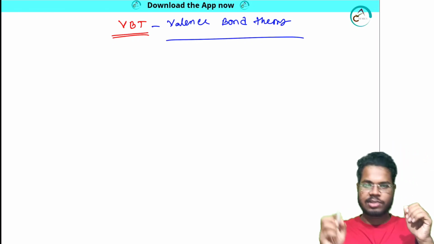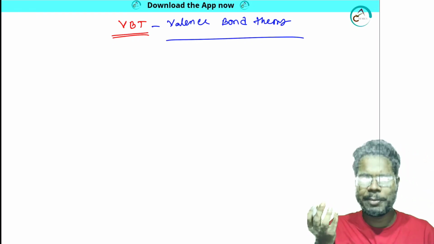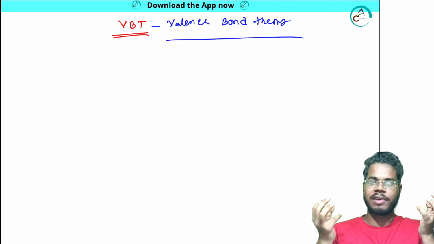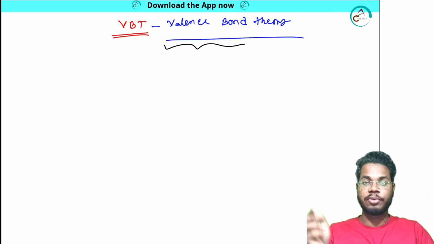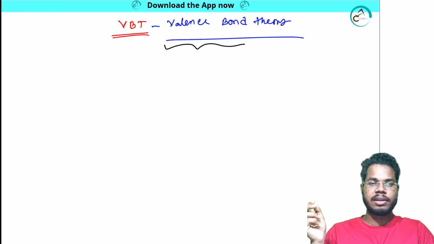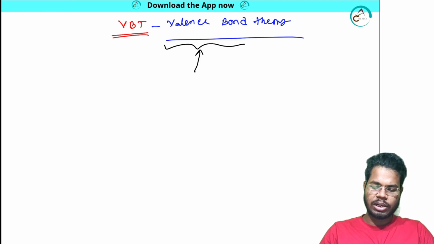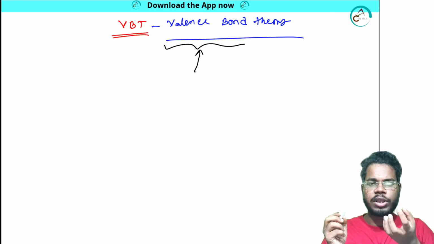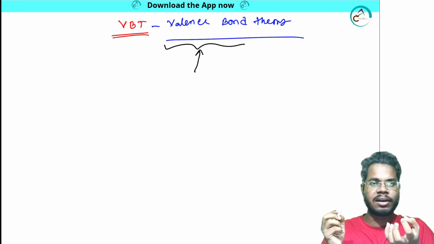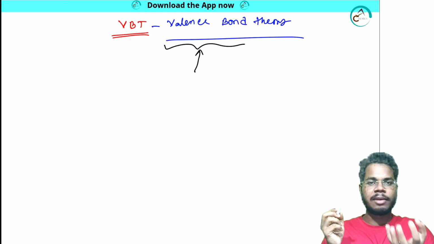Let's talk about this valence bond theory. Before I start, I want to tell you why the name is valence bond theory. During bonding, which orbital or orbit generally takes part in bonding?